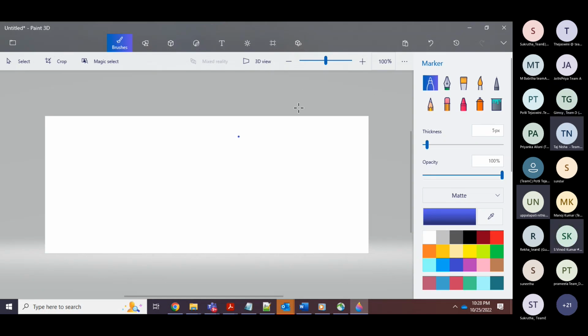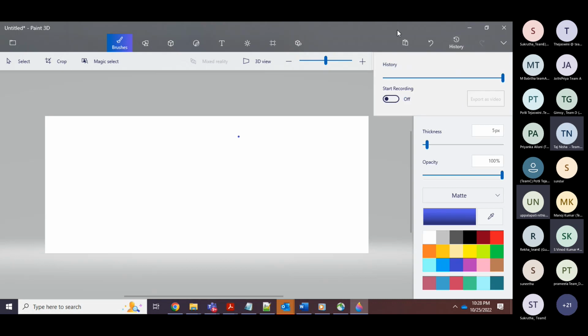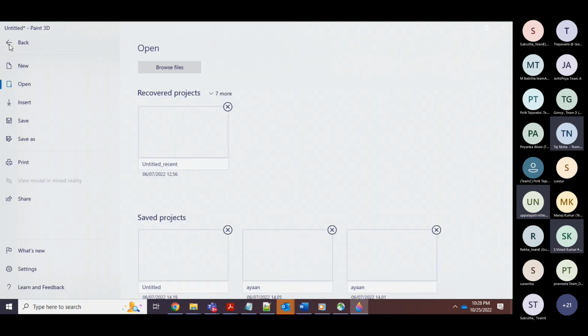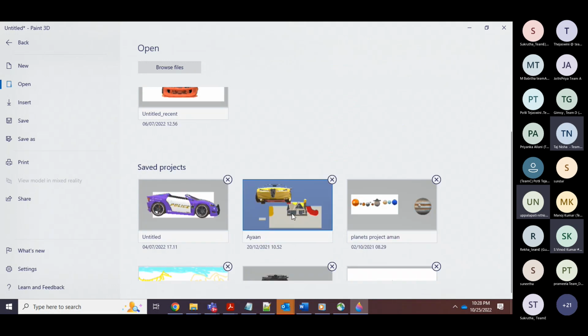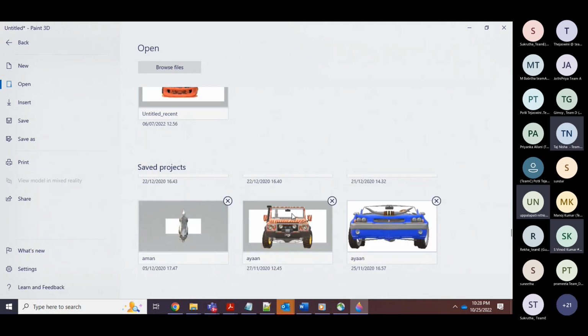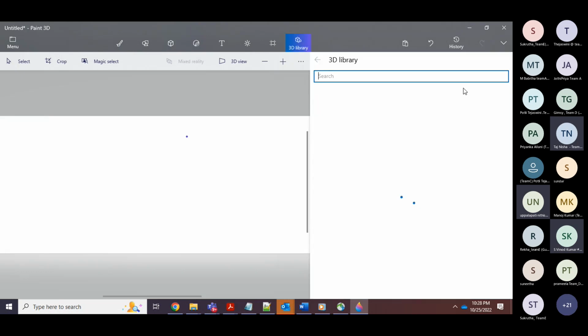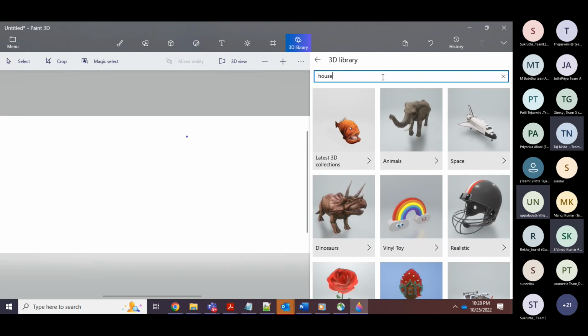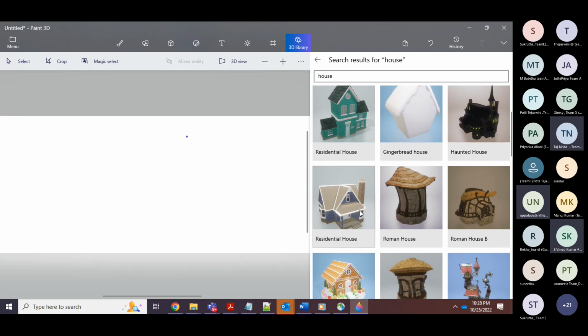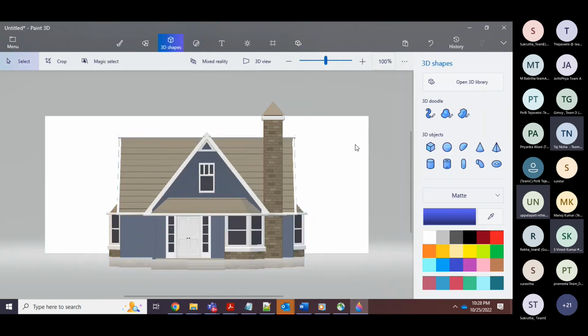Based on the story, we will build our programming language concept. Got it? Yes. Nice. One second, guys.